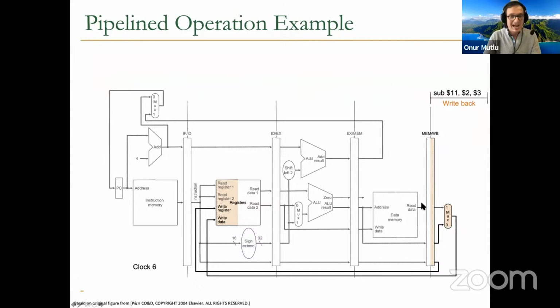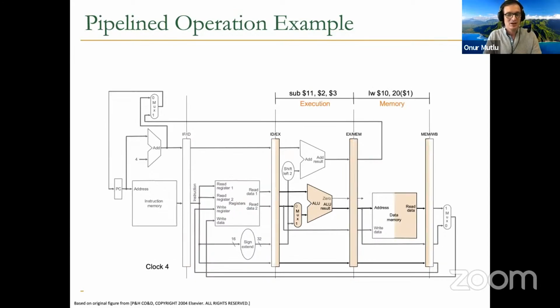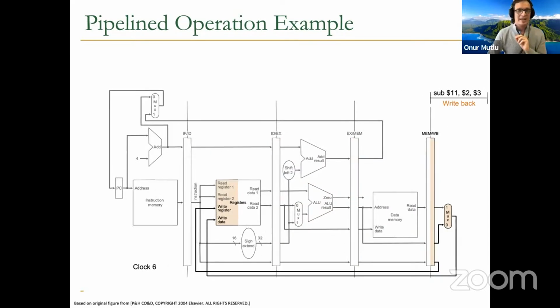But subtract actually needs the data right here, right? So you cannot take the output of this and put it over here easily, as we will see. If this is not clear, we will see it in a little bit. Okay, so basically, what if sub were dependent on LW? And that brings us to data dependence handling.